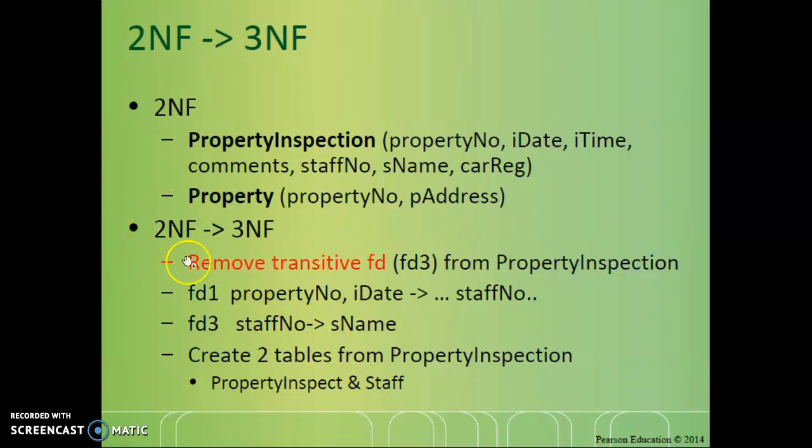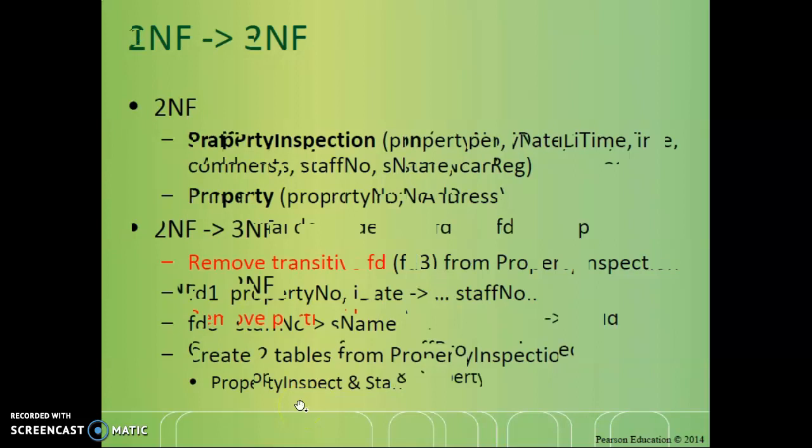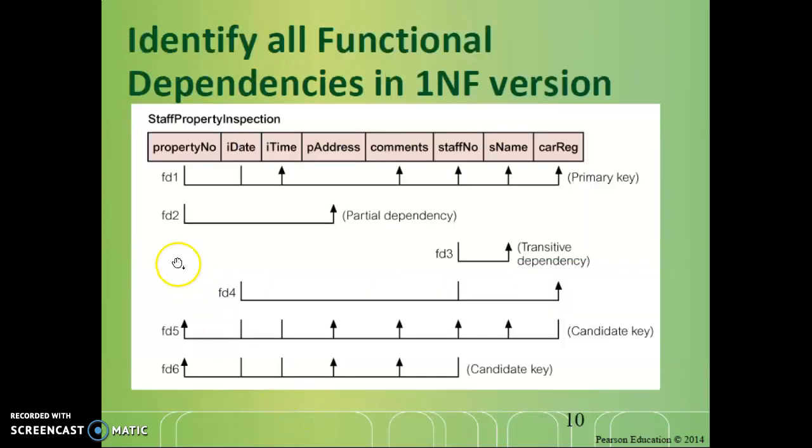From second normal form to third normal form we are getting two new tables, property inspect and staff. Property inspect table contains property number, IDate, ITime, comments, staff number, car registration. Observe, staff name is not included.